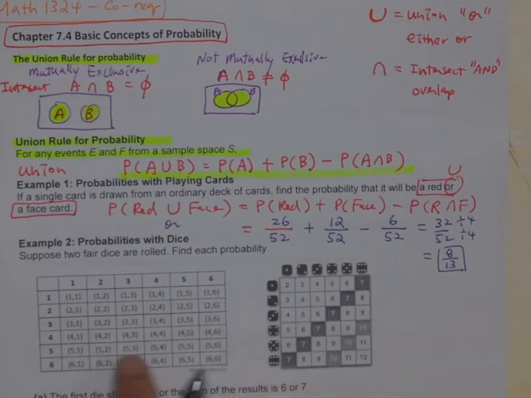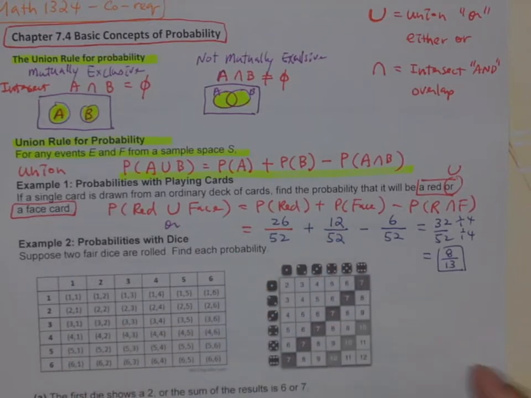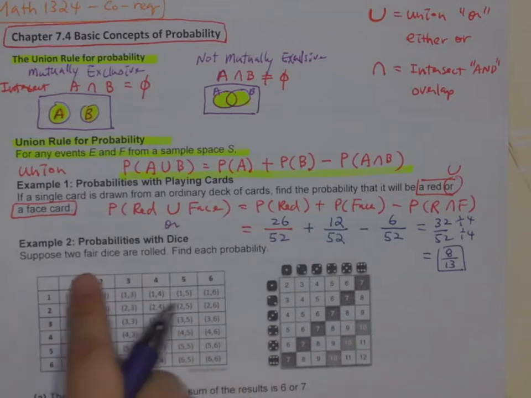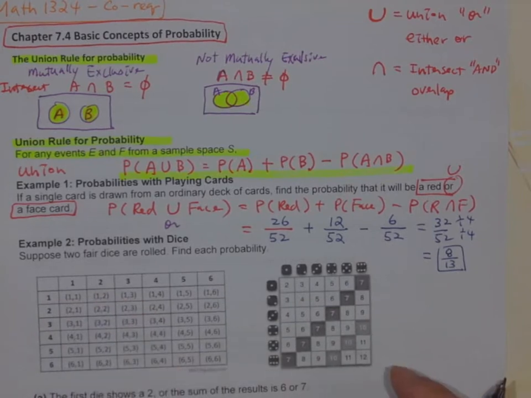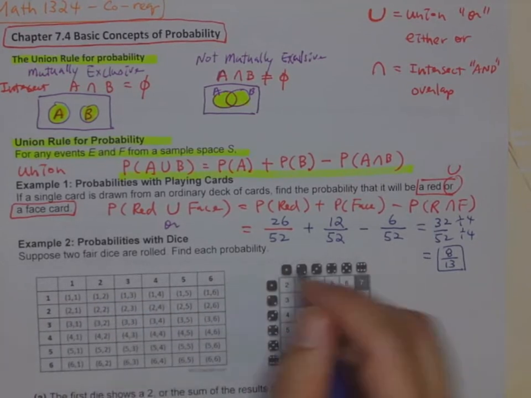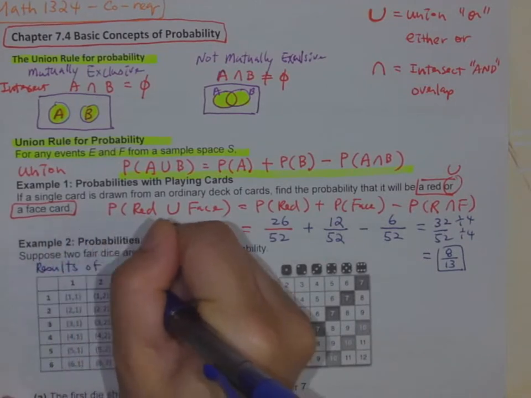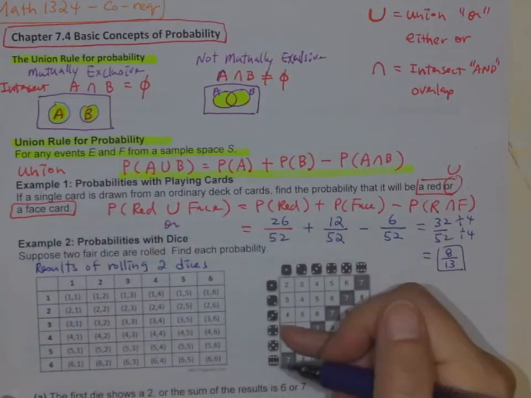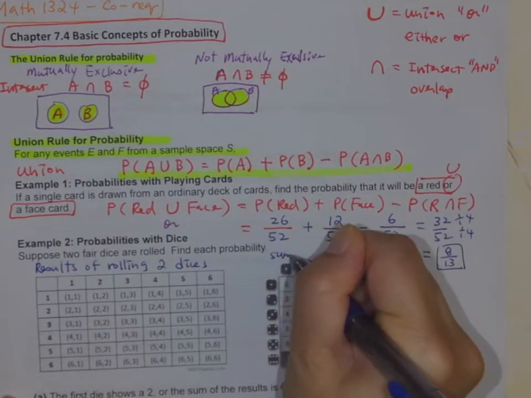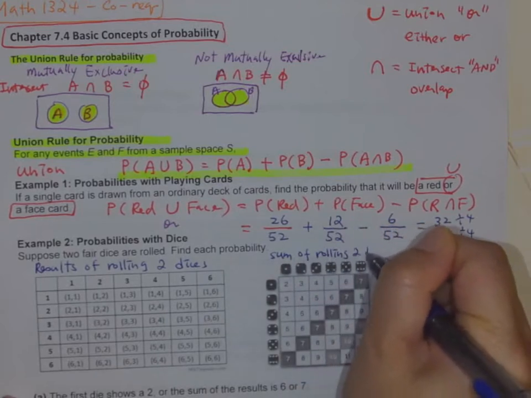Number 2, they say you're rolling 2 dice, so I'll go ahead and list this out for you. Maybe that's helpful. This is the first die you roll, this is the second die you roll. You can have 1 1, 1 2, 1 3, etc. This one is the result of rolling 2 dice, and this one is the sum of rolling 2 dice.